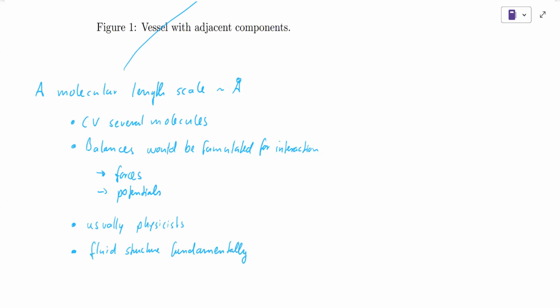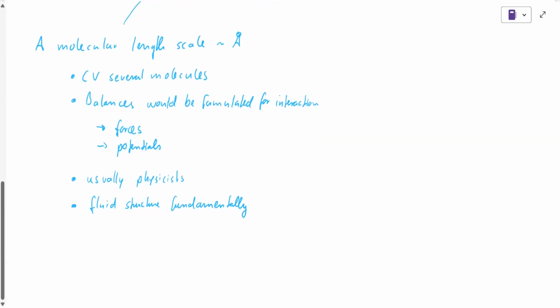That means, for example, what happens with the molecules if you have a cavitation bubble at some plate of the pump, and what do you see there in the wetting properties or something like that. Of course, you can do that very well by using the molecular length scale, because then you have your forces and potential of the molecules belonging to the gas phase, to the fluid phase, and also to the solid phase.